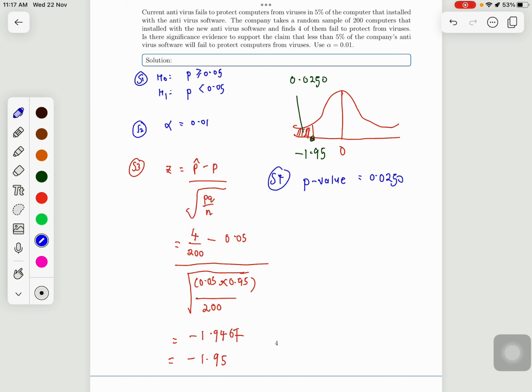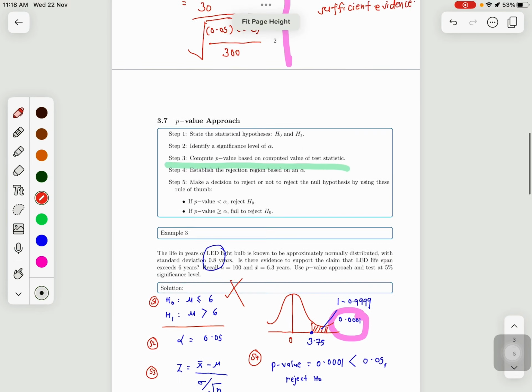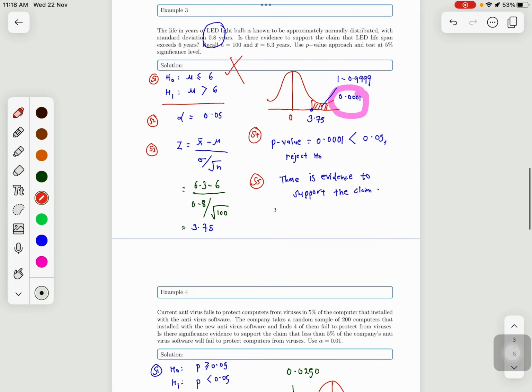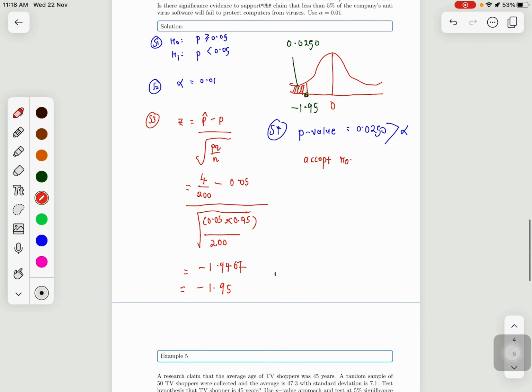We compare with our alpha. Since it's greater than alpha 0.01, what is our decision? Our decision is to accept H0. Accept H0, or fail to reject H0.